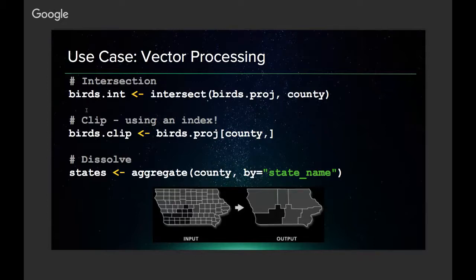It's different for a table because for a table, it's row column. If you don't put anything for the row and you put something for the columns, it'll give you all the rows and vice versa. And so for spatial stuff, it's just the convention to put it with the comma after.